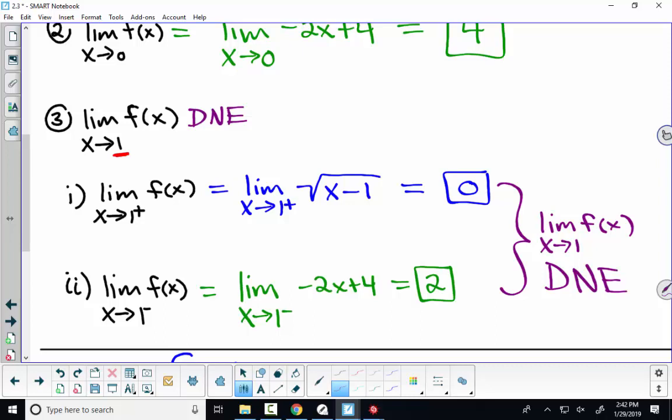As far as the graph of that, what are our limits telling us about those two pieces? Jumps at 1. Right, so those two pieces are not connected. We've got two distinct separate pieces. If those limits were in fact the same, then our two pieces would meet at that particular y value, or at that point 1 comma whatever.